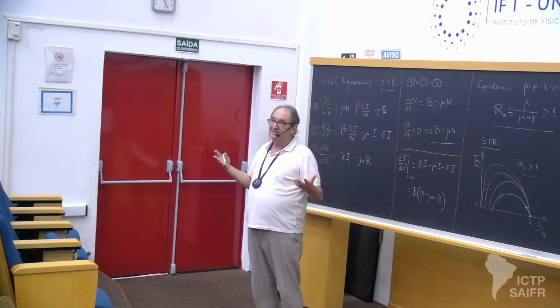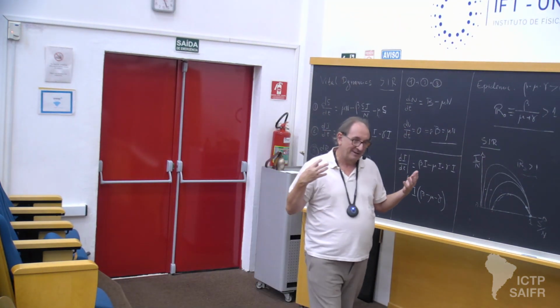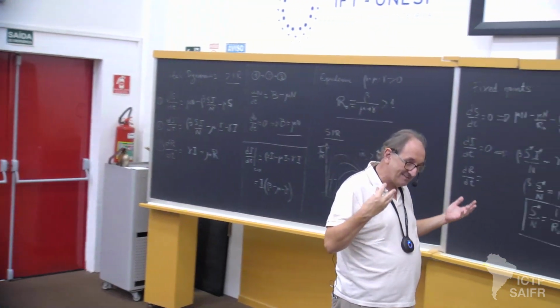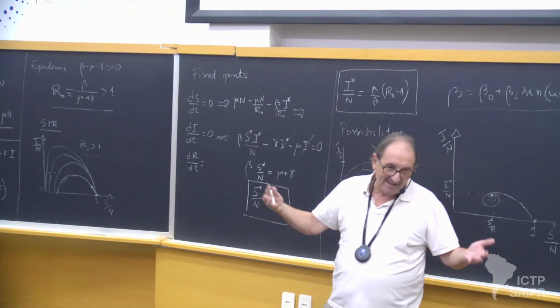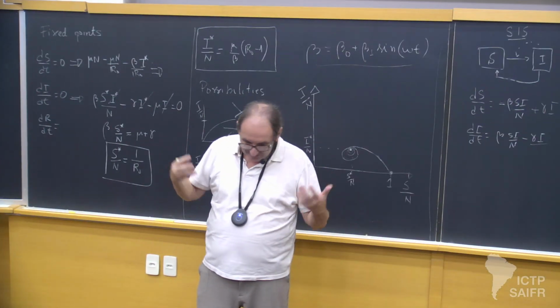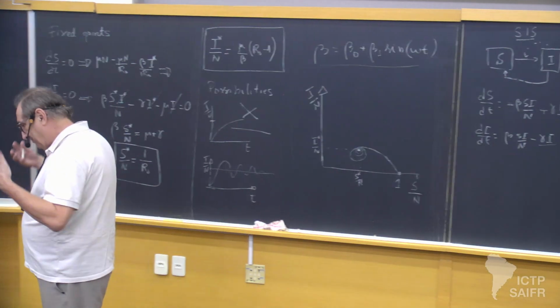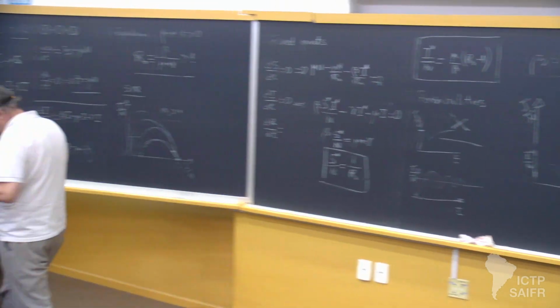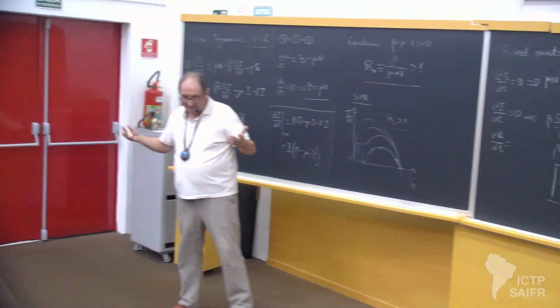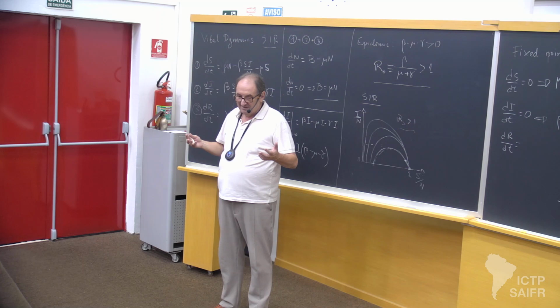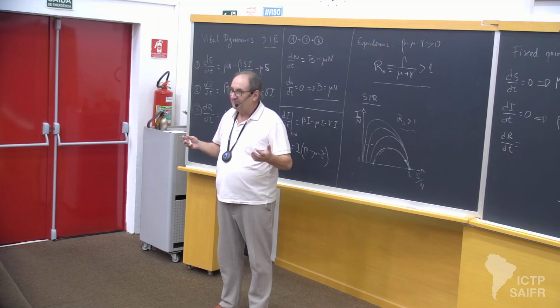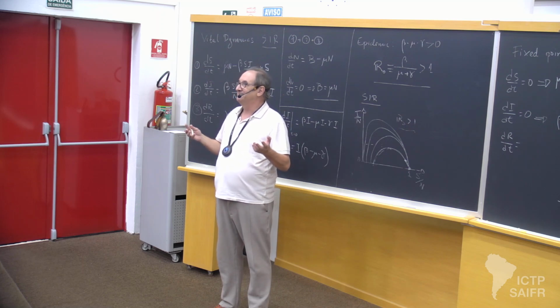For COVID, me, Renato, and my whole group were working with a model inspired by a model from people that we know in Oxford, which had, I think, 18 age classes. 18.